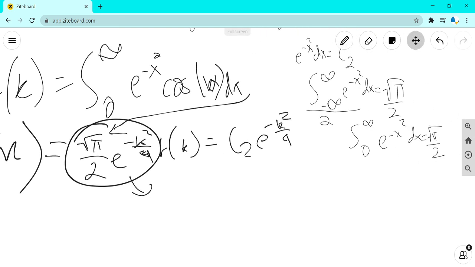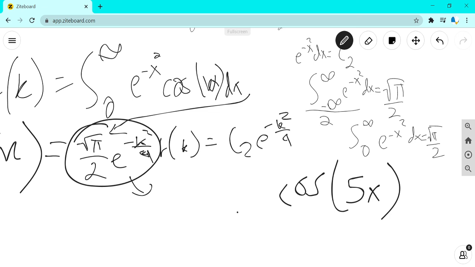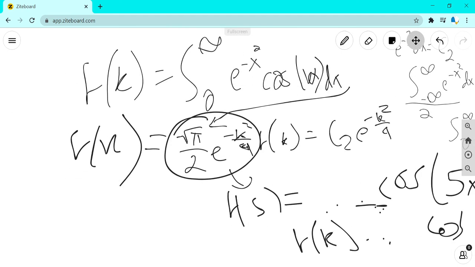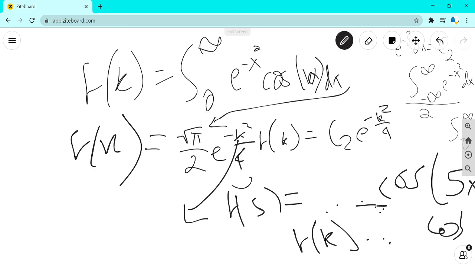Remember in the original one we had cos of 5x, which was equal to f of 5, and we did f of k to get cos of kx. So we can just put 5 into that.